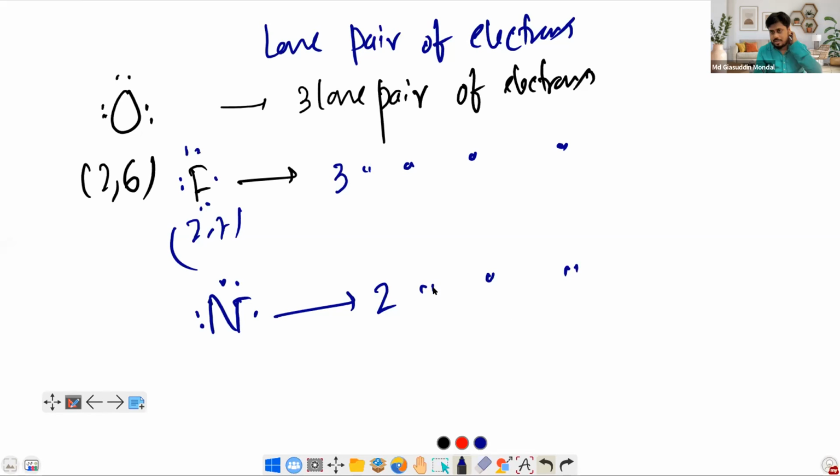Now, all the things I'm asking you are about a molecule or an atom, but when it is in a compound, things could change. Like in HCl, can you say how many lone pairs of electrons are present? How many lone pairs of electrons are present here?